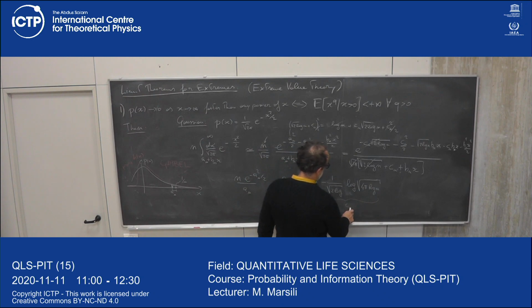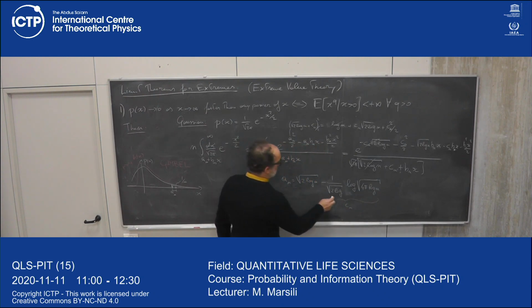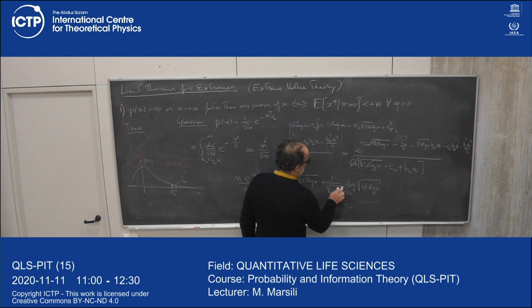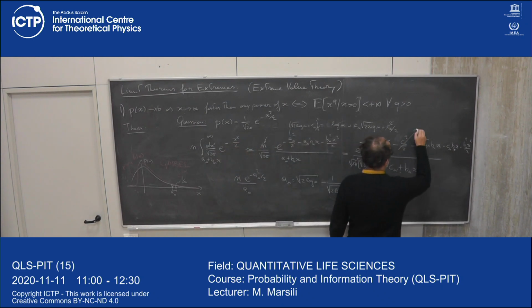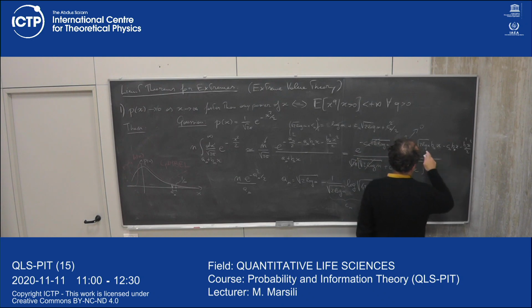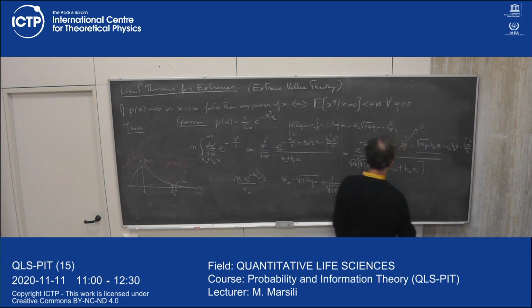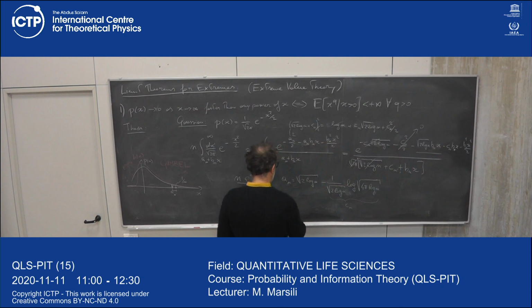And you also see that this Cn goes to 0 as n goes to infinity. And well, this is also very small compared to this. So if I want to make this term also finite, then I have to take bn equal to 1 over the square root of 2 log n.